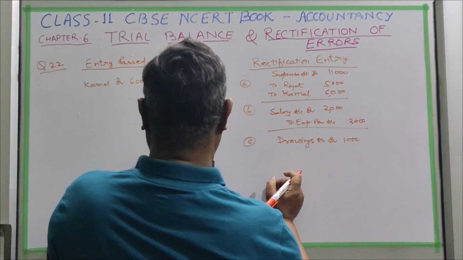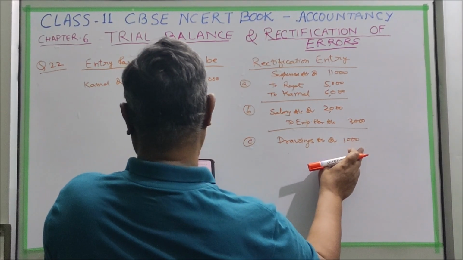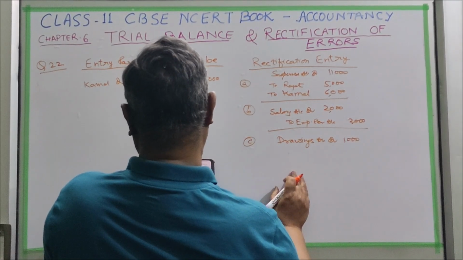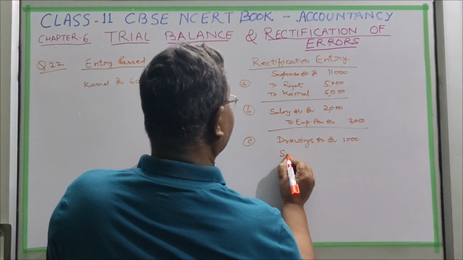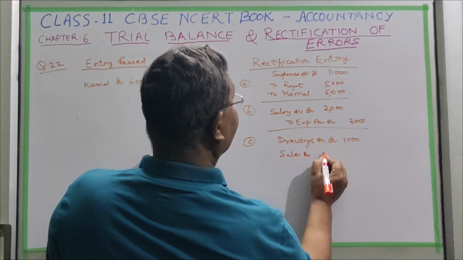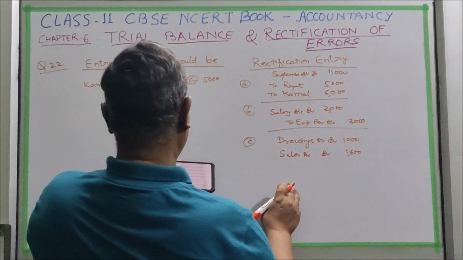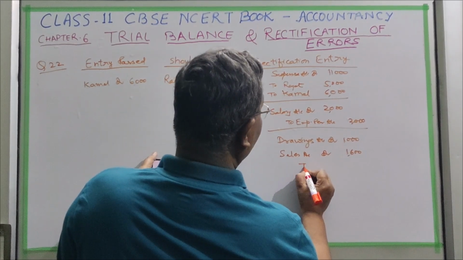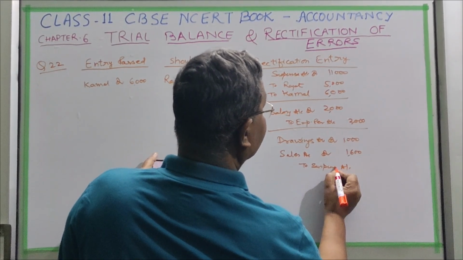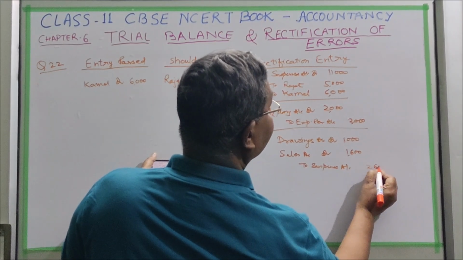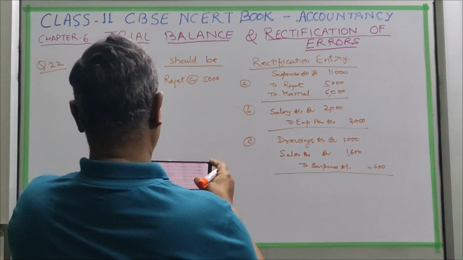Goods withdrawn by proprietor for personal use, you debit drawings account, whereas credited to sales account as 1,600. So debit sales account also. Sales account debit 1,600 because previously you have credited sales account to suspense account 2,600. Okay.